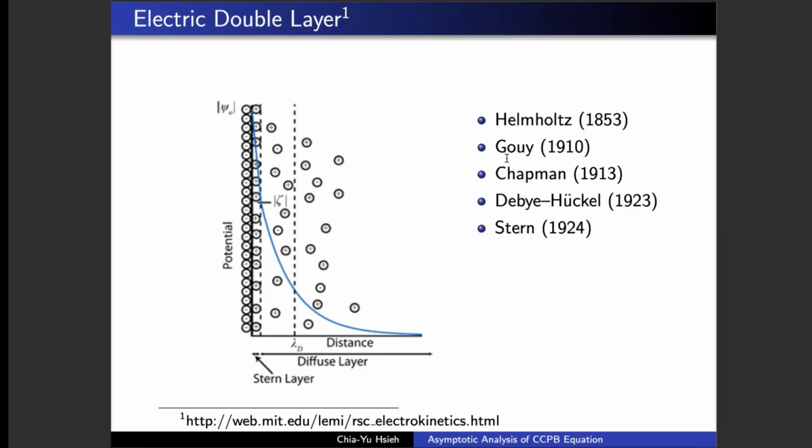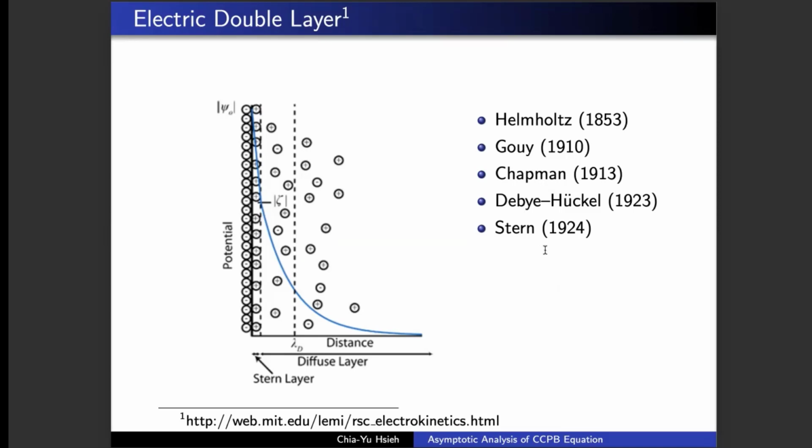And later, Gouy and Chapman, and independently Debye-Hückel, proposed another model, which is a diffuse model. That is, they think that the ions in the region have higher concentration, but they are still free, they are diffused in the water. And the ion concentration decreases exponentially from the surface to the bulk.